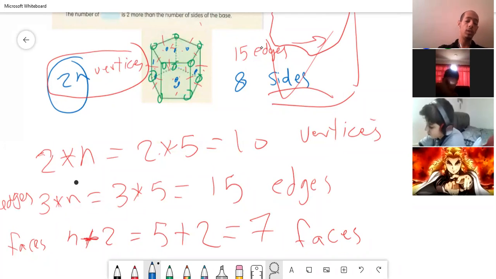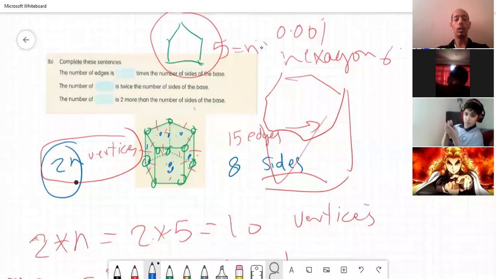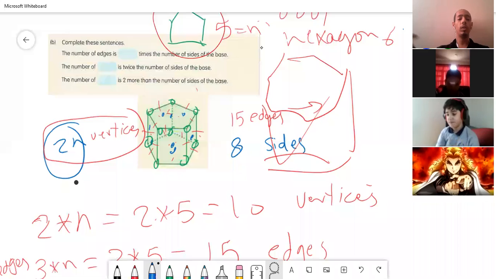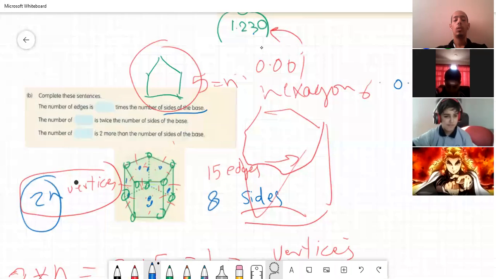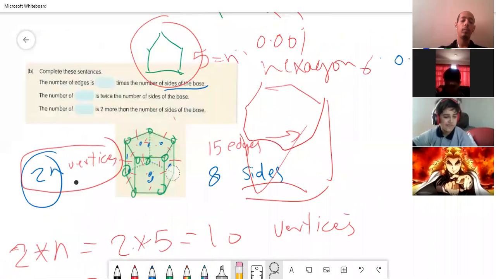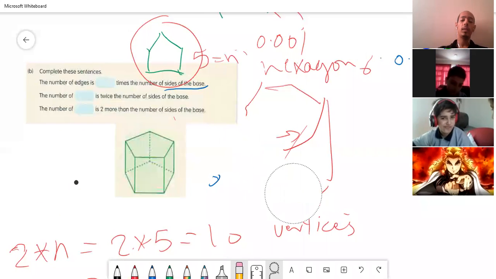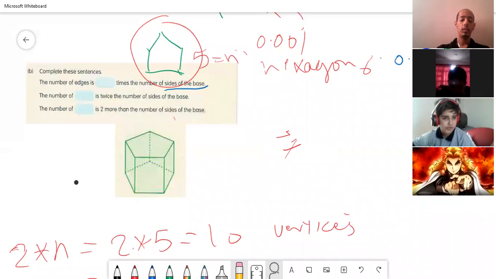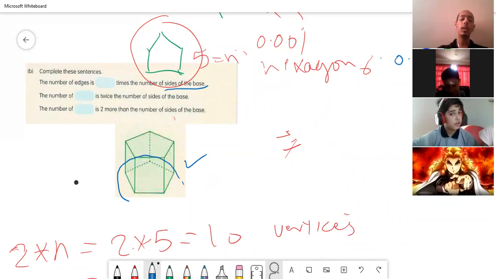According to these relationships. Okay, this doesn't matter now because the question is: the number of edges is blank times the number of sides of the base. What is the base here? The base of the 3D shape is a pentagon, as we said.